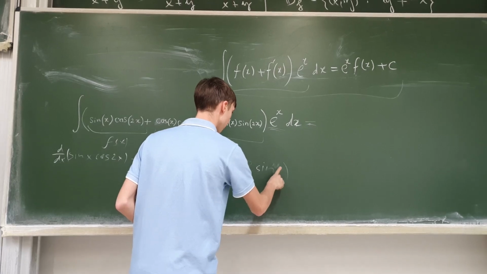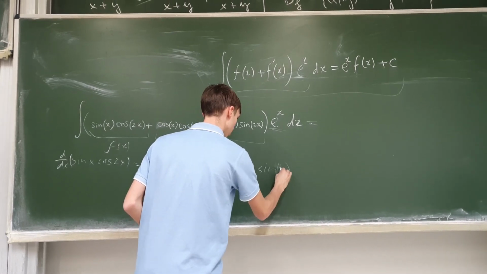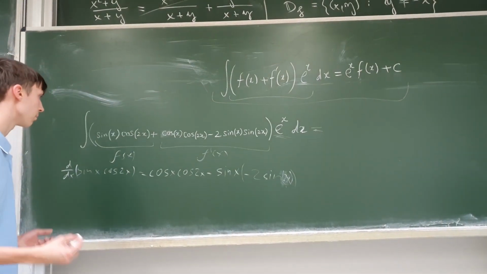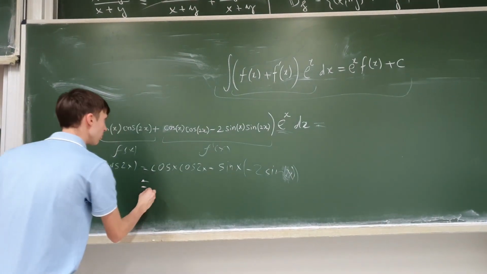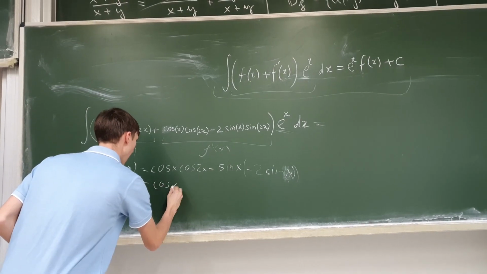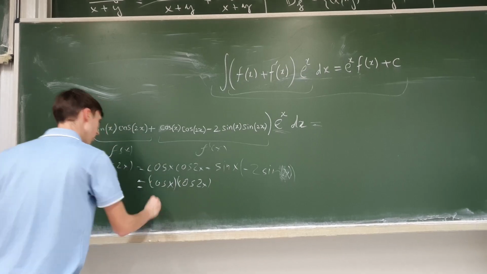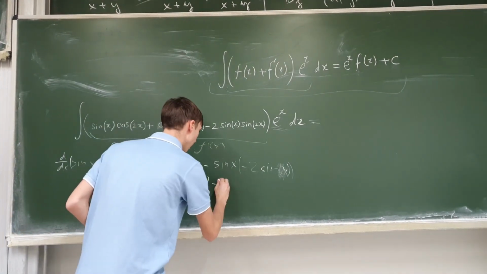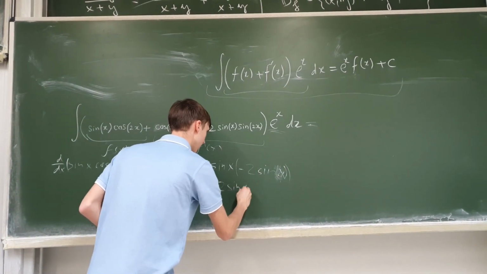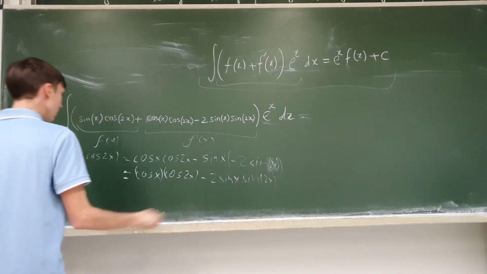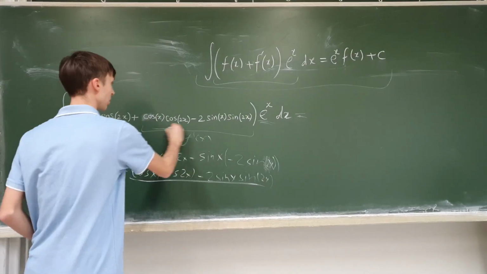Just to be careful here, this is minus 2 sine 2x right here. And then if I modify this, well, it turns out to be cosine x cosine 2x here and this minus 2 sine x sine 2x, which turns out to be exactly the thing we have to have inside this parentheses.